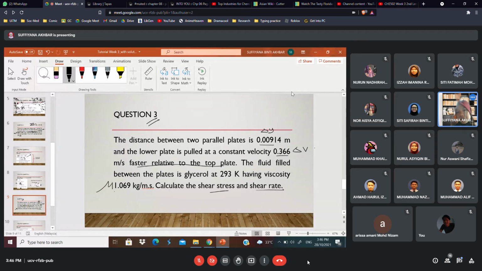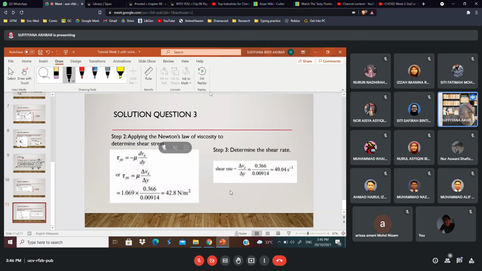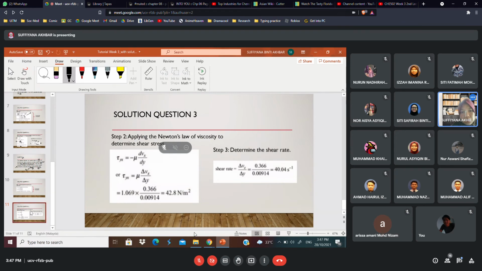So this is the first one, the second one. Similarly, we use Newton's equation. So you first extract all the information given. Then tau, the shear stress, means tau yx. Shear rate is the difference of the velocity divided by the distance. So tau yx is equal to mu delta vx over delta y.